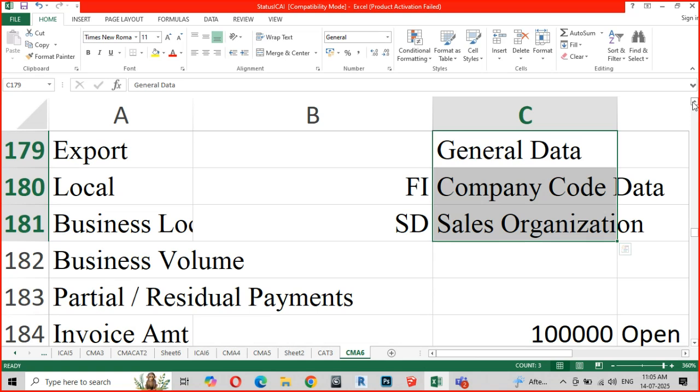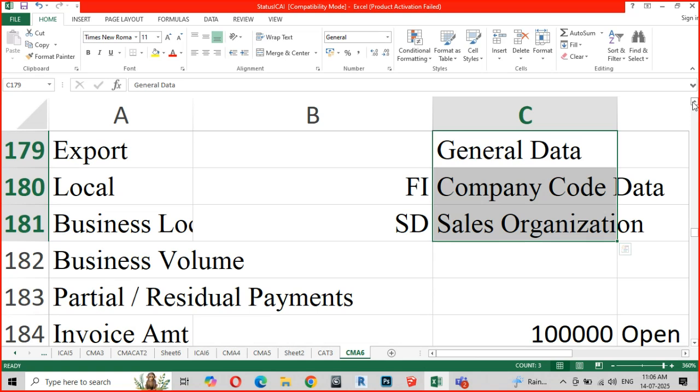The individual vendor or customer master data are also referred to as subledgers in SAP, in HANA as well as in the earlier ECC system. Absolutely no change in the nomenclature. Clear? They are called subledgers.